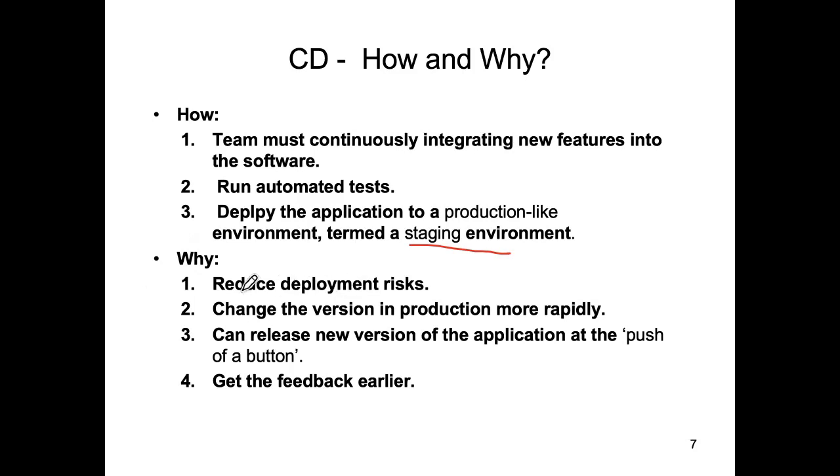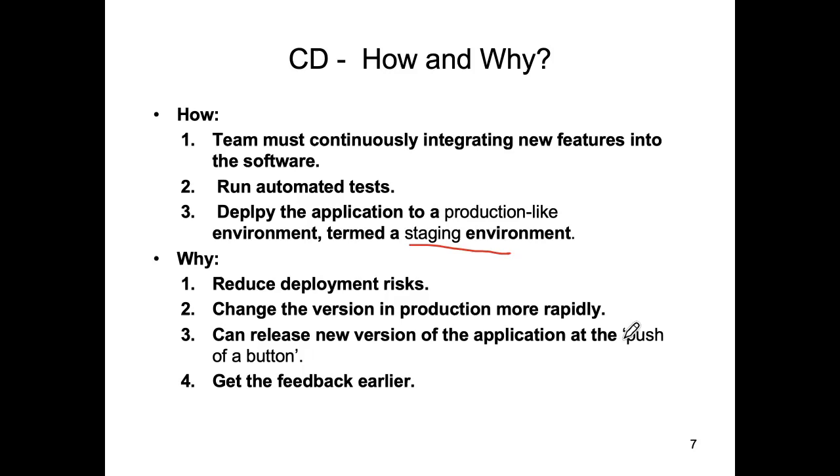Number two, we change the version in production more rapidly because presumably every new version of the application is an improvement on the previous one, whether that be fewer bugs or more features, and that's good for our end users. Number three, we can release new versions of the application at the press of a button.